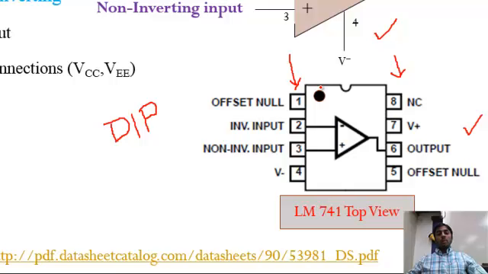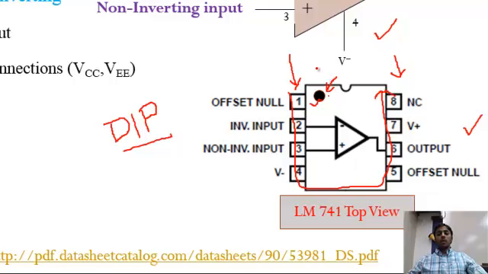If you haven't used ICs before, there is a way to identify the pin layout of an IC. For a dual inline package, usually you will see on the top left hand corner a dot. From that dot, the pin terminals start from 1. So it goes down this way, and 5, 6, 7, 8 down that way.